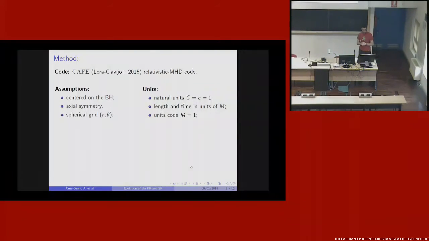To do that, the authors use KEFI, which is a relativistic magneto-hydrodynamics code, to resolve the relativistic hydrodynamics equations on a space-time Schwarzschild black hole.